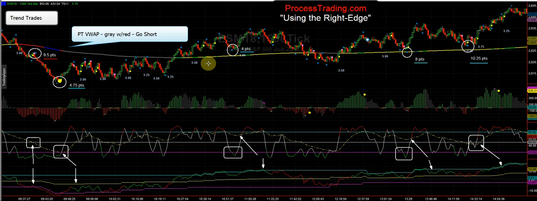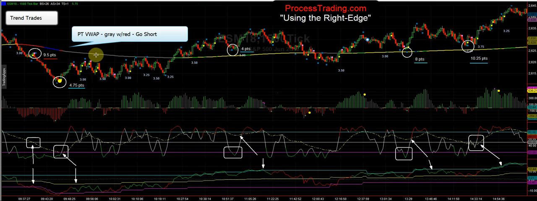So it basically is having you trade with the trend, and that is why the trend trades are in the upper half and the discretionary trades are in the lower half. However, the discretionary indicators are very powerful for confirming and finding evidence to support the trend trade. So let's look at today's trades now.